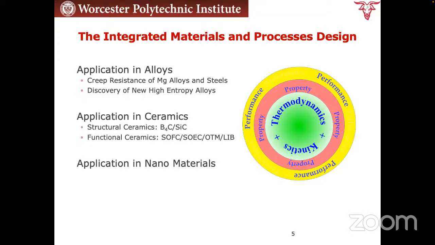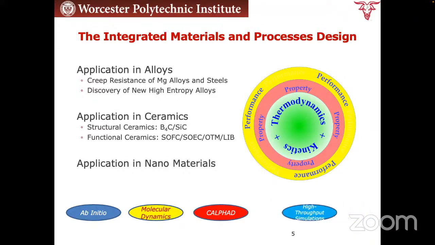We also have half of the group working on ceramics, like solid oxide fuel cells, solid oxide electrolyzer cells, oxygen transport membranes, lithium ion batteries, all those things. The approaches we use are ab initio, molecular dynamics, CALPHAD approach, high throughput simulations, and machine learning. Today, we will talk about content related to ab initio, high throughput calculations, and machine learning.